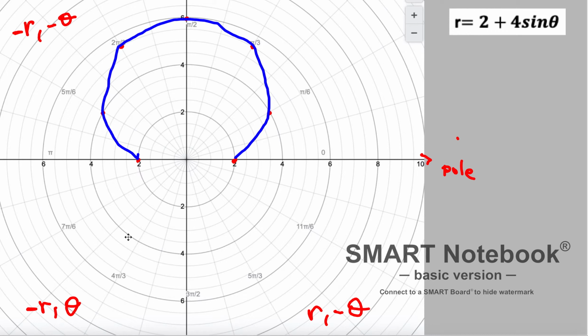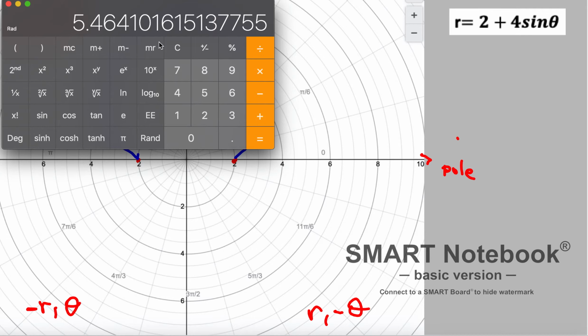But now, if we take, for example, 7 pi over 6, let me use a calculator here. 7 times pi divided by 6, we get this value, and let me take the sine.